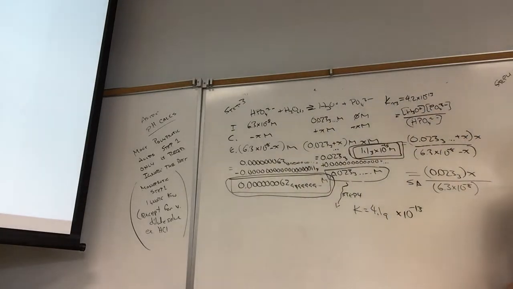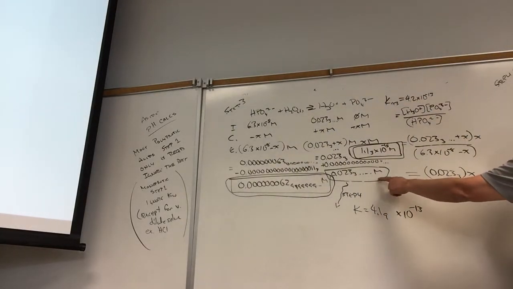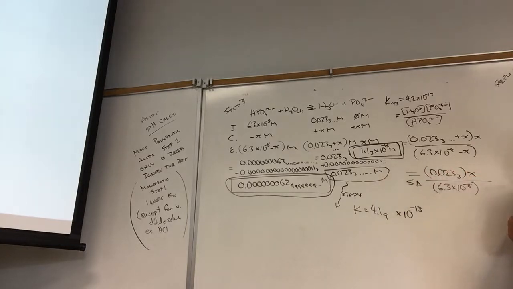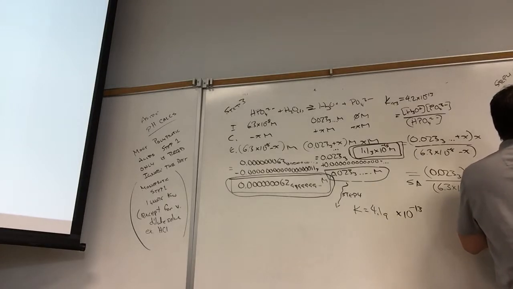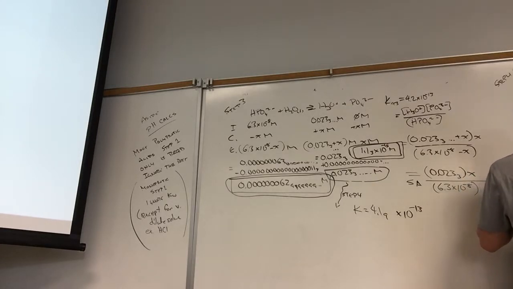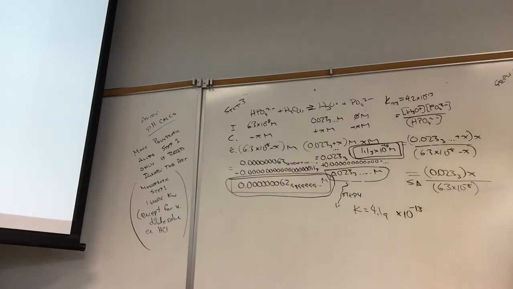And so the hydronium from the previous step is going to be 0.0233 molar. And we're going to assume that no hydroxide has been generated yet. And so this is going to be allowed to react. And so we'll have 0.0233 plus X molar and X molar here.